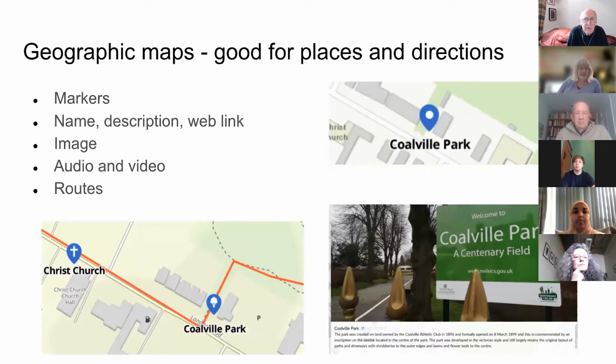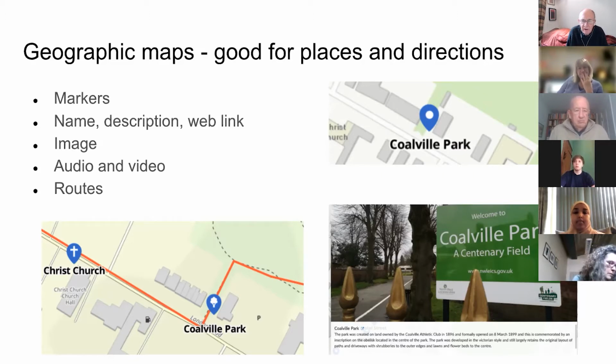So geographic maps you'll be fairly familiar with. Google Maps, and you can use Google to create your own map. Some of you may have done that. And the components of geographic location-based maps are a marker, which will probably have a name associated with it, may have a different sort of icon showing whether it's a church or a park or whatever.